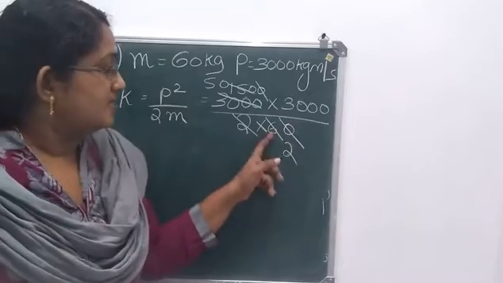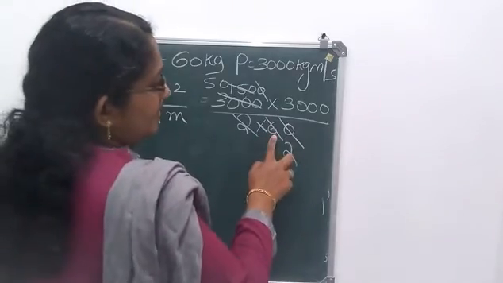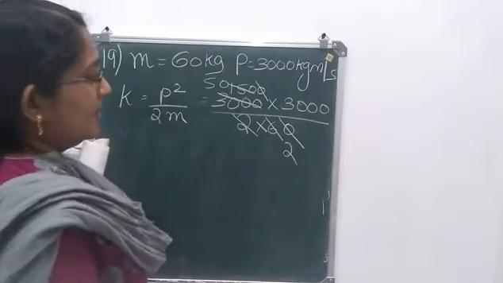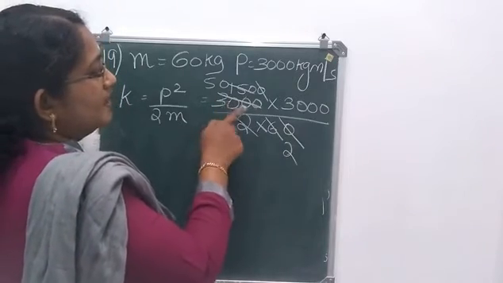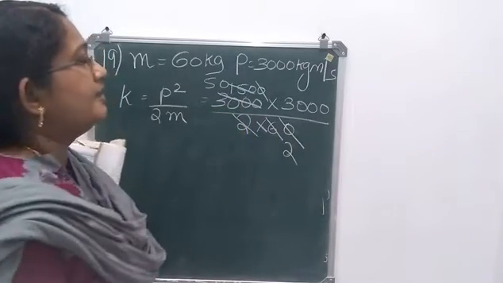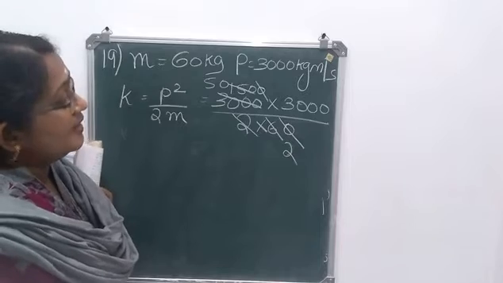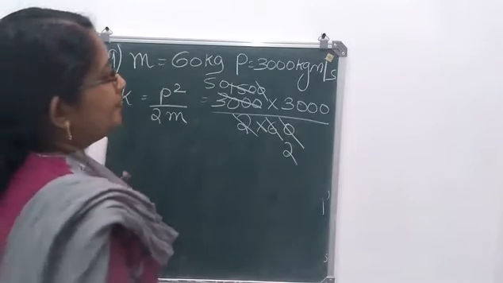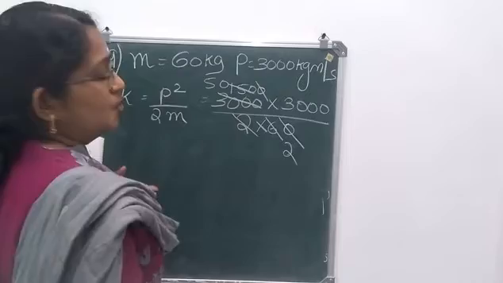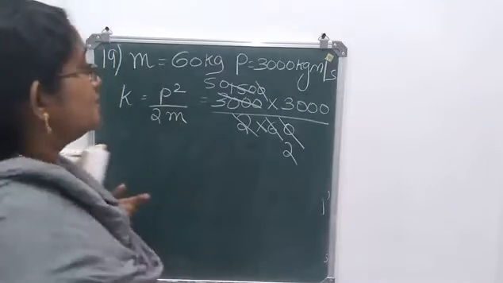Here it will be 6 by 3, which is 2. Now here it is 150 divided by 3, it is 50. Now 50 divided by 2 is 25.